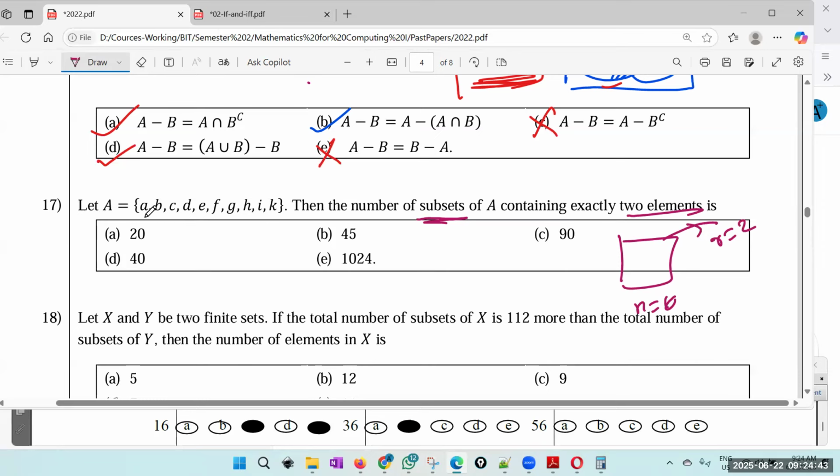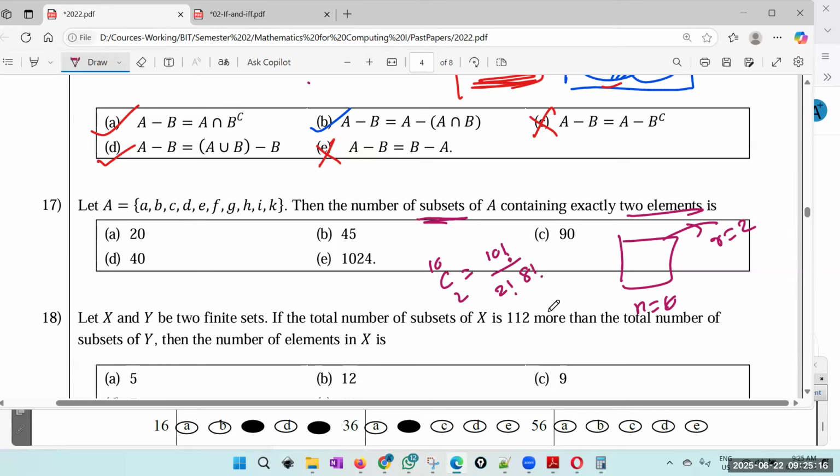That means AB is a possible subset. AC is a possible subset. BC is a possible subset. And so on. And these are distinct elements. So that is 10C2. How many ways can we take 2 from 10? That is factorial n divided by factorial r divided by factorial n minus r.